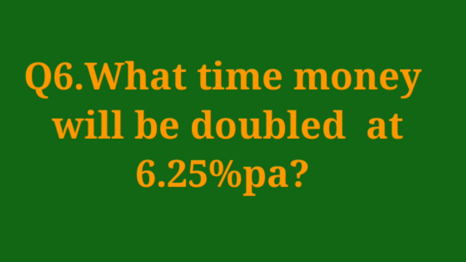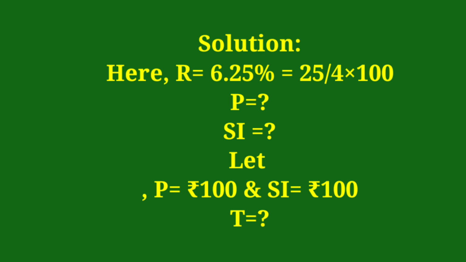Question number 6. In what time will money be doubled at 6.25% per annum? That means the rate is given over here. Time is not mentioned. Even principal is not given. Even simple interest is not given. But a clue is given that money will be doubled.